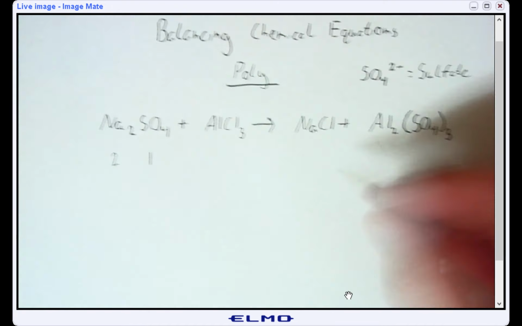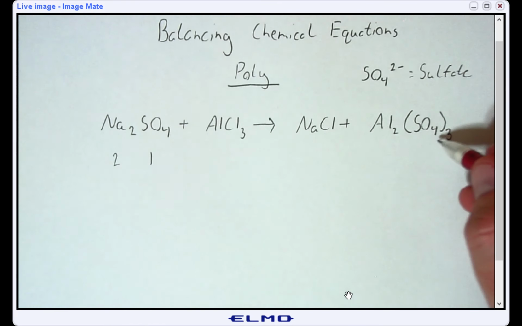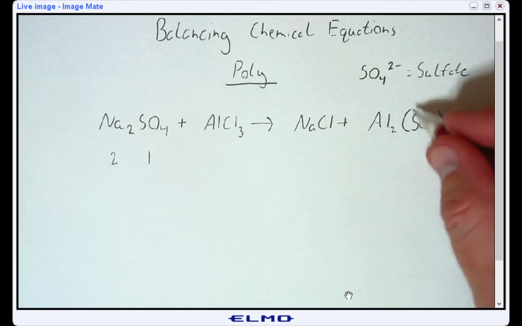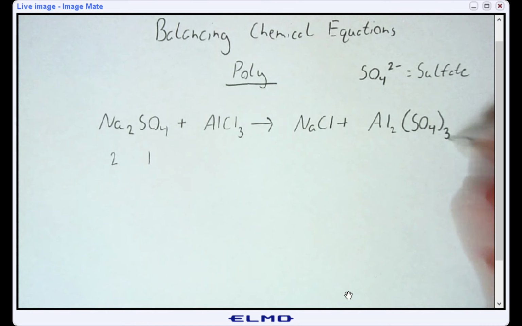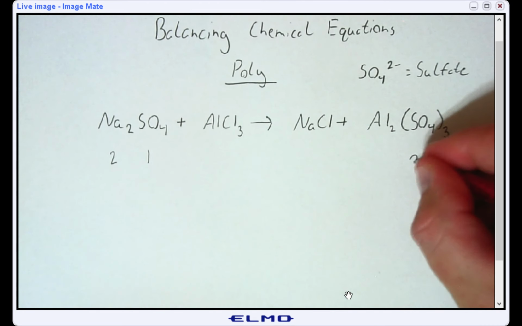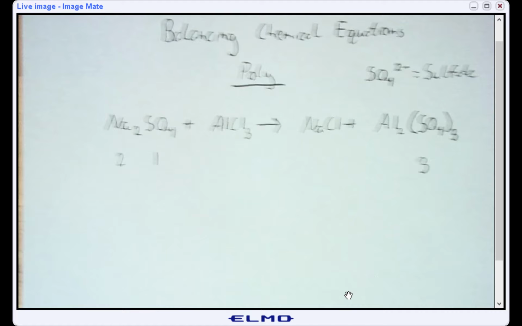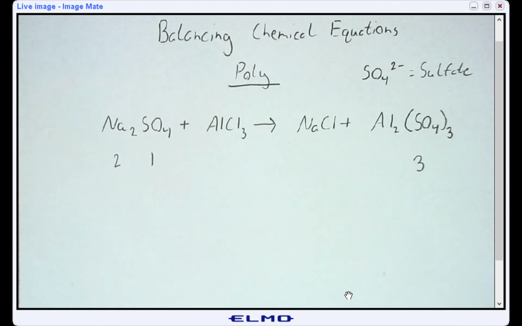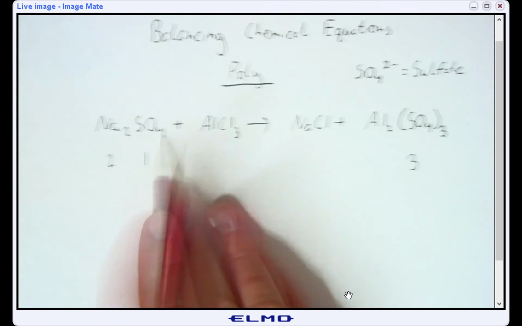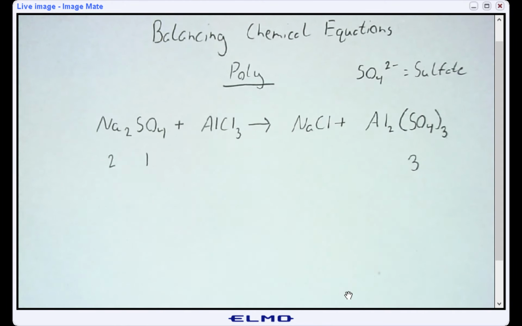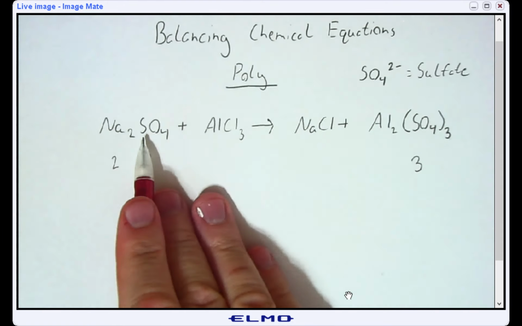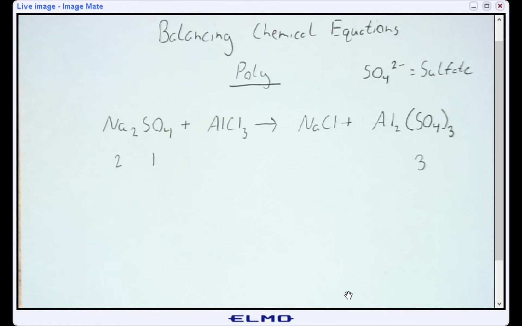Over here on the right, if I look at SO4, this time I have the parentheses and a 3. This tells me I have 3 sulfates. Some of you are looking at this and saying, Harriman, you're an idiot, what are you talking about? There's a 4 right there, that's not a 1. But you have to train your brain. There's 1 sulfur and 4 oxygens, but combined, they make 1 sulfate.